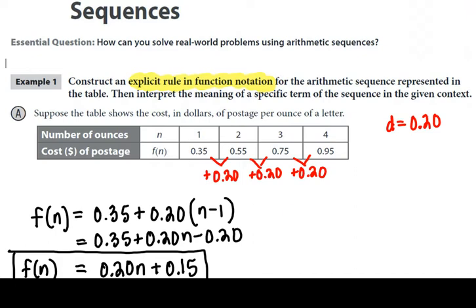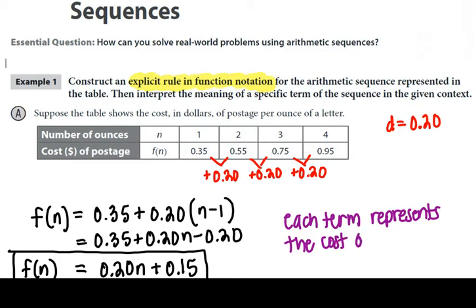Well, each term, 35 cents, 55 cents, 75 cents, 95 cents, each term represents the cost of postage for n ounces of weight.